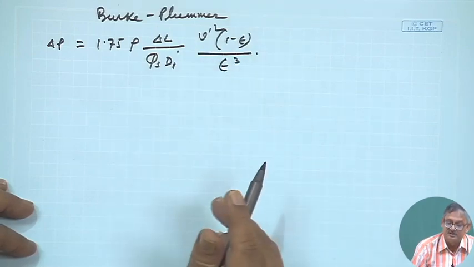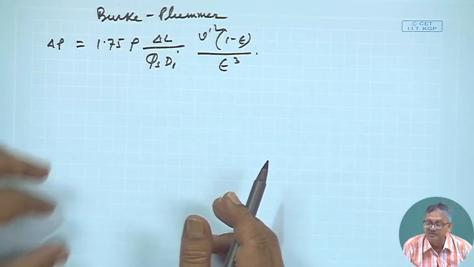This was the original Burke Plummer equation.